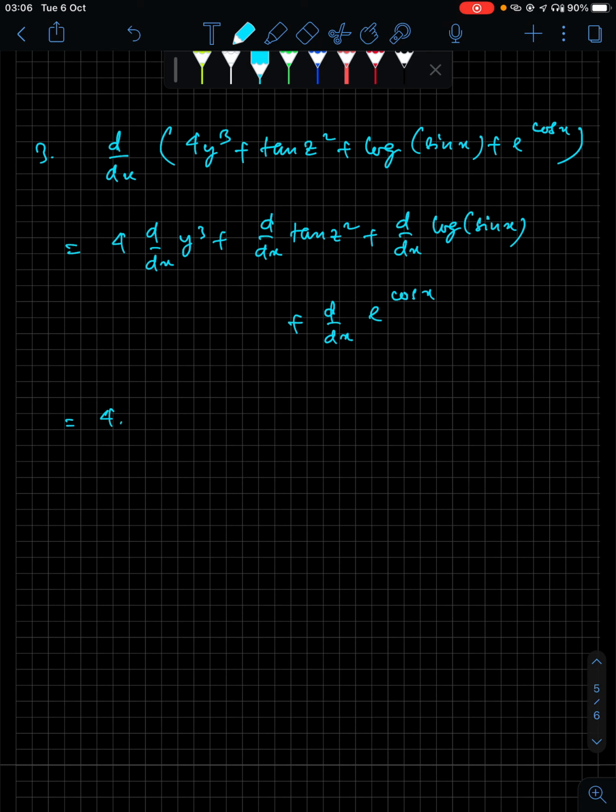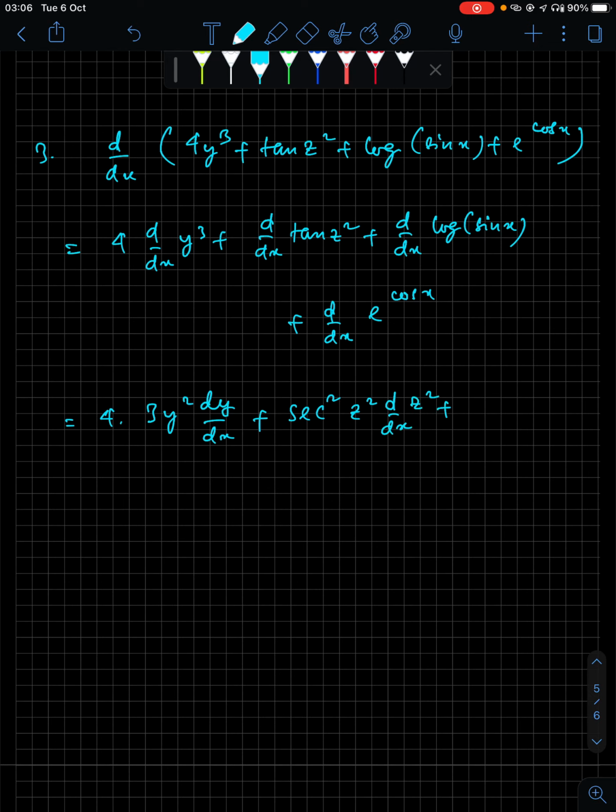So you have 4 d/dx of y cube is 3y square, again d/dx of y, because y is u here, u form. You can look in the formula for d/dx of u to the power n plus d/dx of 10u is sec square u d/dx of u again. So sec square z square, again d/dx of z square.